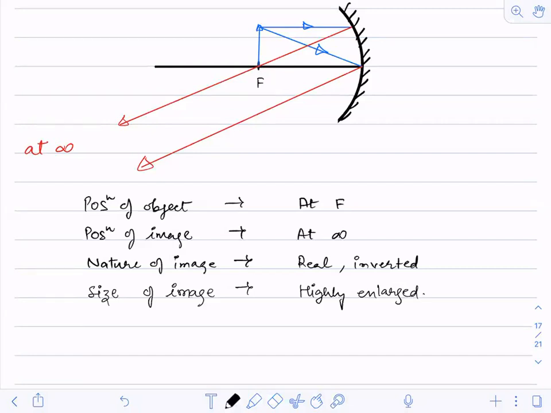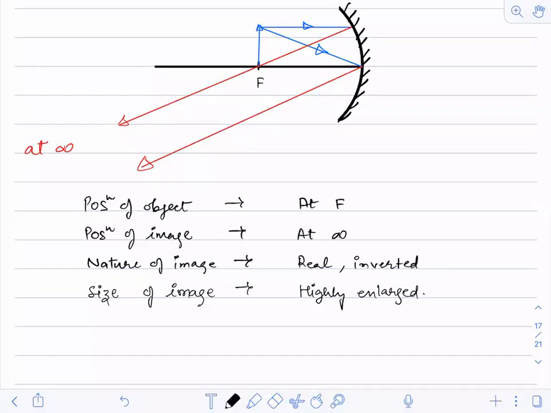That means they meet at a very large distance. Okay, this is what we assume in mathematics. Parallel rays never intersect at a finite distance. They appear to meet at infinity only.